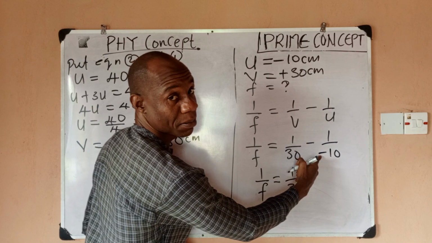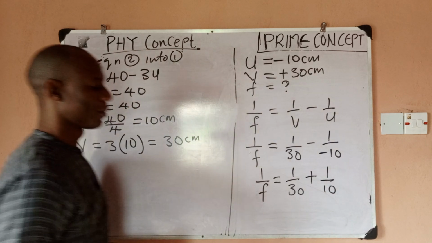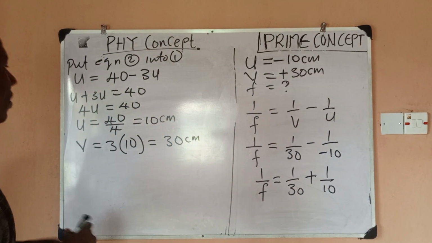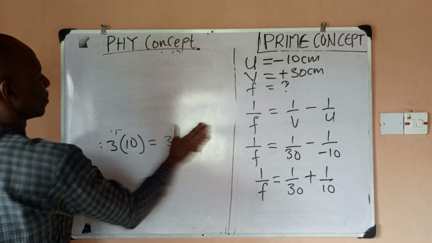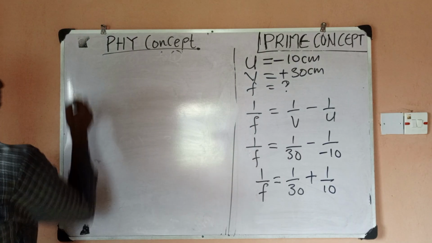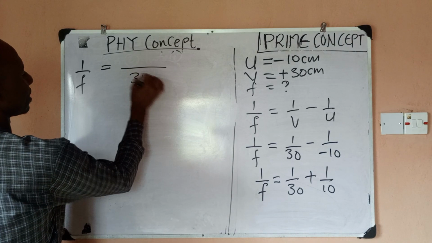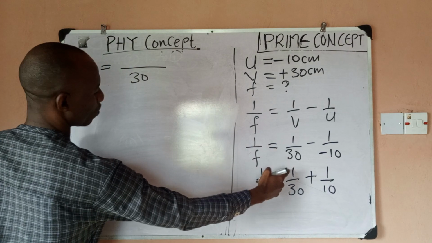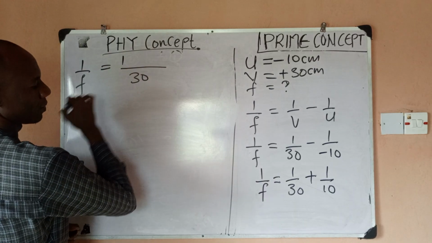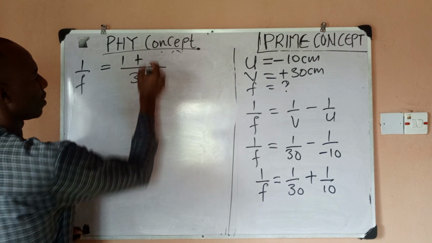Now minus times minus will give us plus 1 by 10. So if I find my LCM there, my LCM is going to be 30. So if I take the LCM, I would have 1 by F. It's going to be my LCM, which is 30. So 30 in 30 is 1. 1 times 1 is 1. Then plus 10 in 30 is 3. 3 times 1 is 3.